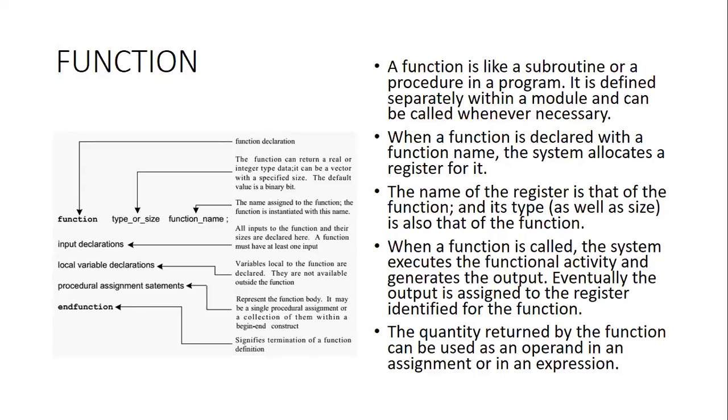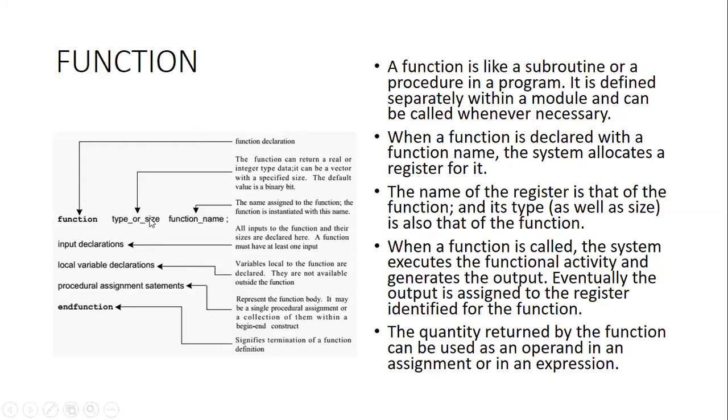Now here I have the general syntax of the function. Function, type or size of the function. Function is the keyword, the function declaration. Type or size: the function can return a real or an integer data, or it can be a vector of a specified size, such as 1 down to 0, 2 down to 0, whatever we write.